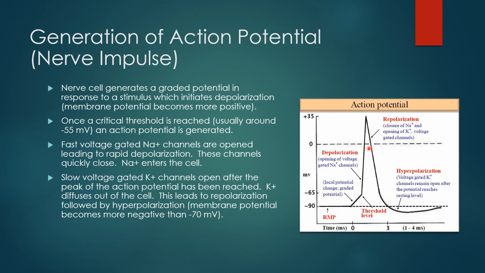So you got your repolarization followed by hyperpolarization, which is when the membrane potential becomes more negative than the resting membrane potential of minus 70 millivolts. After that, there is the return to a resting membrane potential.